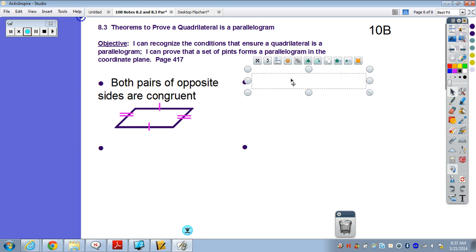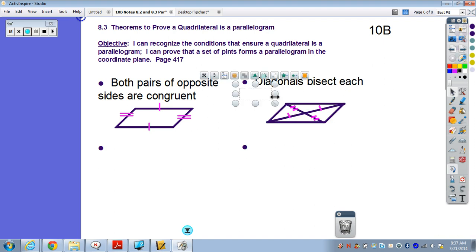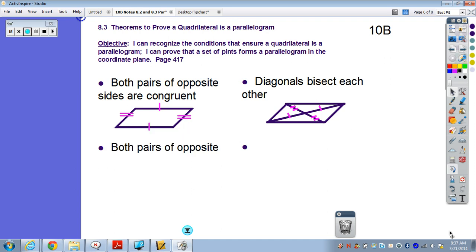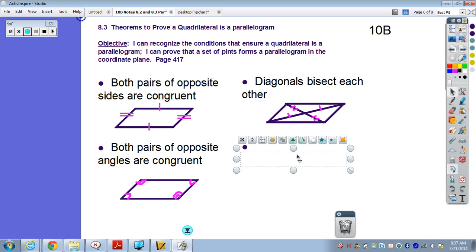The second way is if diagonals bisect each other, then it's a parallelogram by definition. The fourth way is both pairs of opposite angles are congruent. So if both pairs of opposite angles are congruent, then it's a parallelogram.